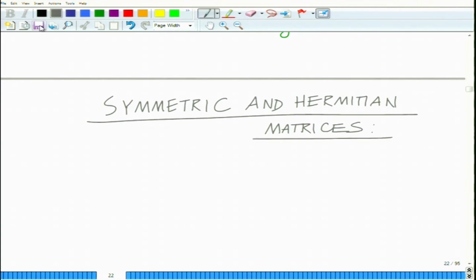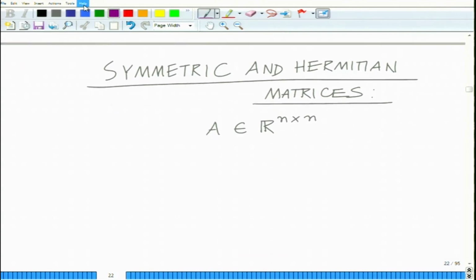Symmetric and Hermitian matrices. Let us say A is an n cross n real matrix. We say A is symmetric if A equals A transpose.